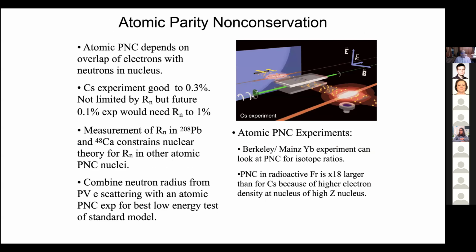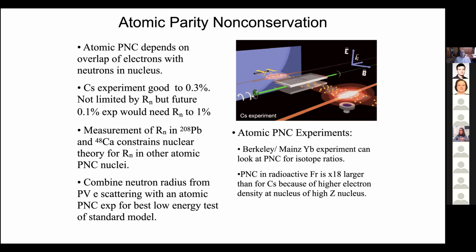So to start with atomic parity: atomic parity non-conservation depends on the overlap of the atomic electrons with the neutrons in a nucleus, and so it depends on where the neutrons are.